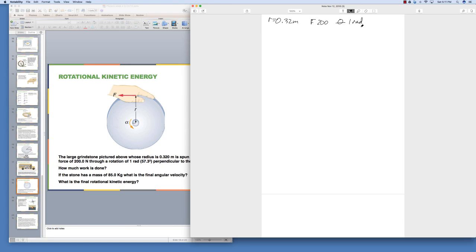And we also know that the stone has a mass of 85 kilograms.